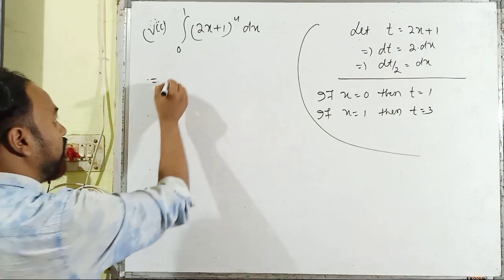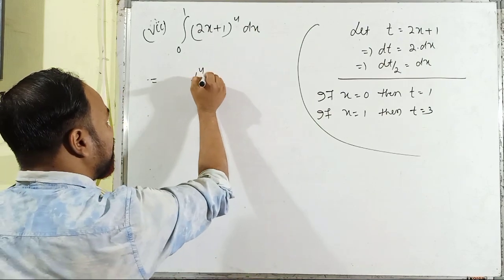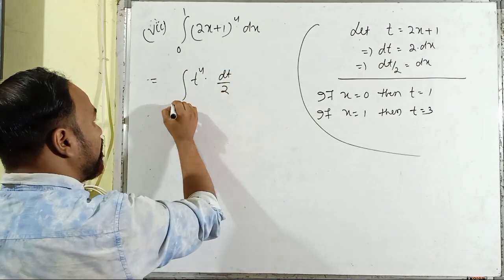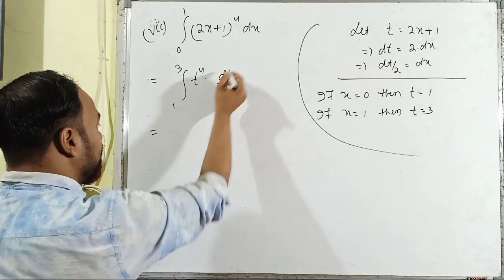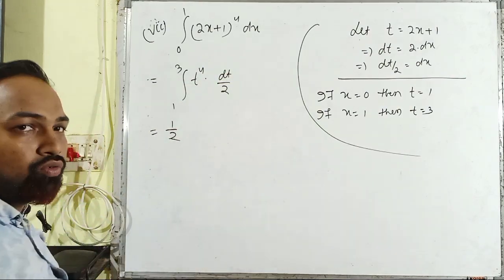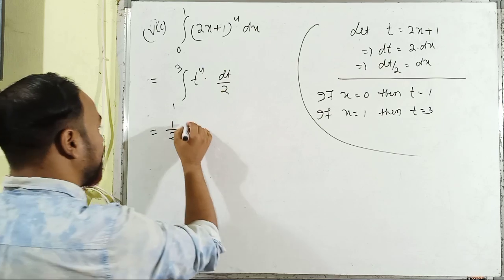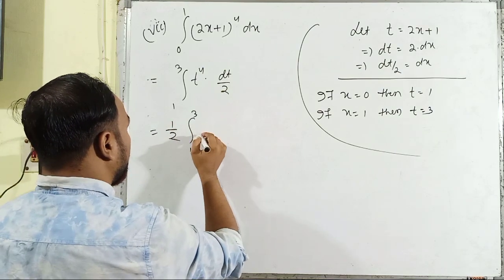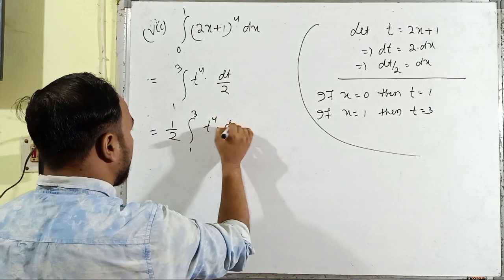So it will be in the form of the integral of t to the power 4 from 1 to 3 with respect to t, and it is dt by 2, so we can shift the 1 by 2 constant to the outside of the integral.